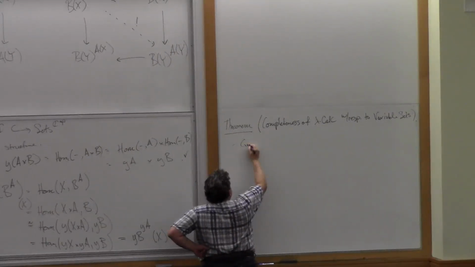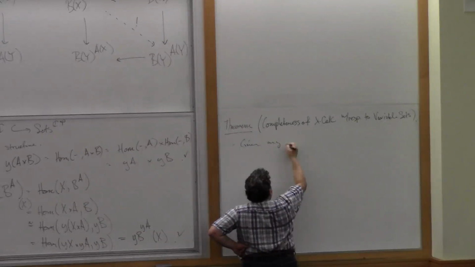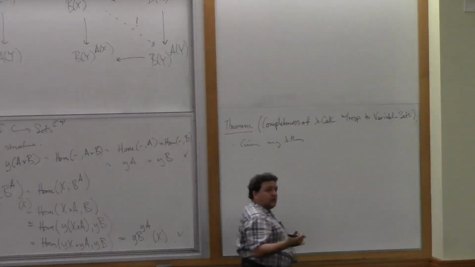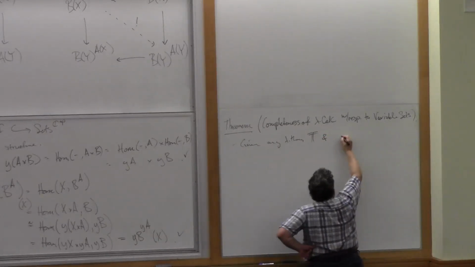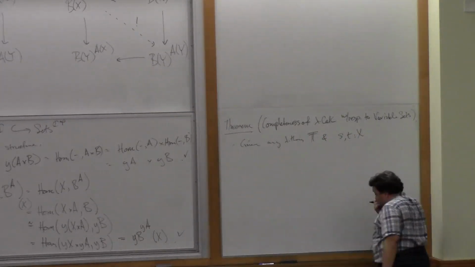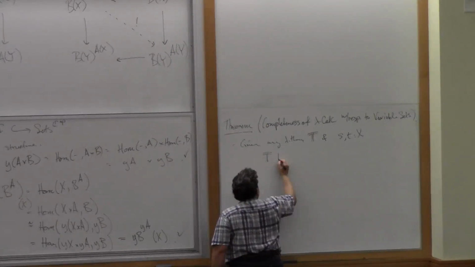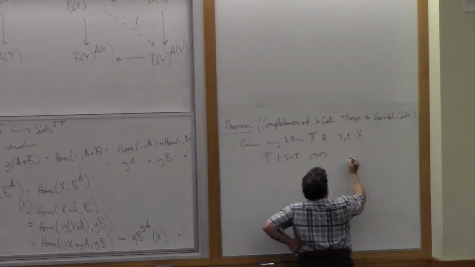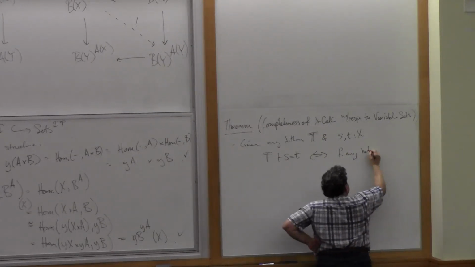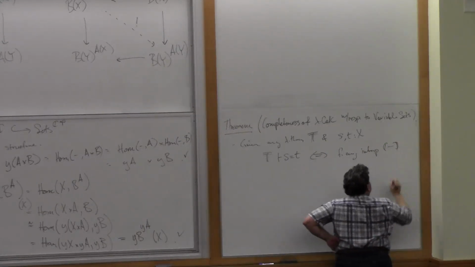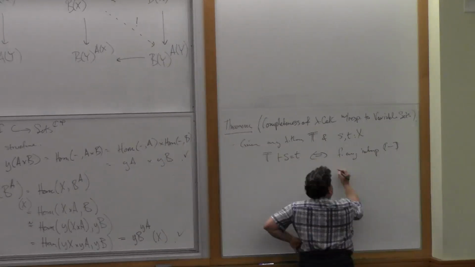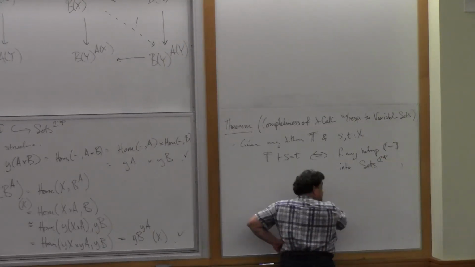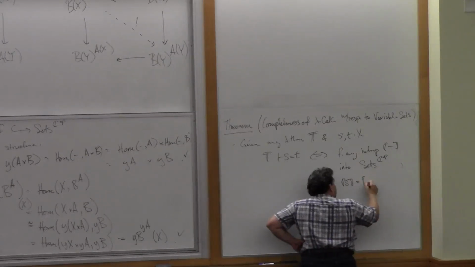It says, given any, I'll just do it briefly here, given any terms in the lambda calculus, any lambda theory with basic types, basic terms, and basic equations, and any terms, let's say S and T, of any type X in that theory, if the theory proves S equals T modulo the basic equations of the theory, then for any interpretation of the lambda calculus into a Cartesian closed category of this special form, interpretation into any Cartesian closed category of variable sets, the interpretations of those two things will be the same.